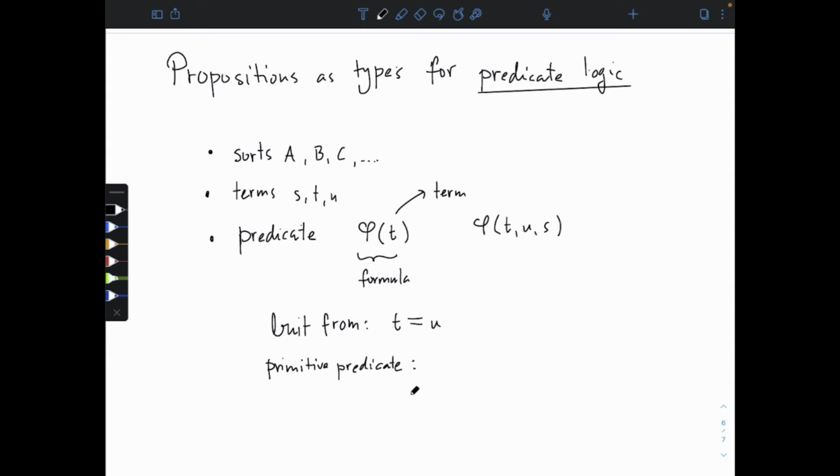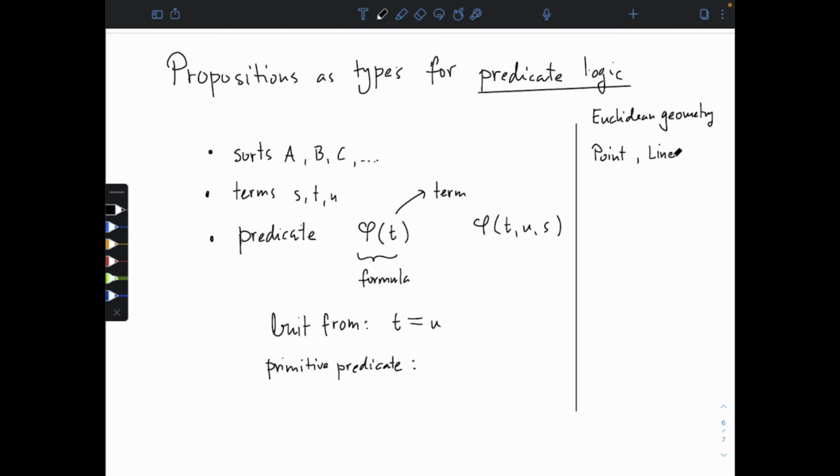So what would be an example of a primitive predicate? Suppose we were doing Euclidean geometry this way. Well, the sorts would be points and lines, because that's what we would talk about.